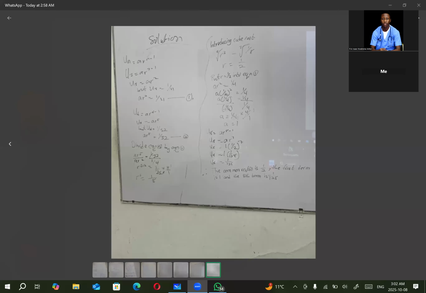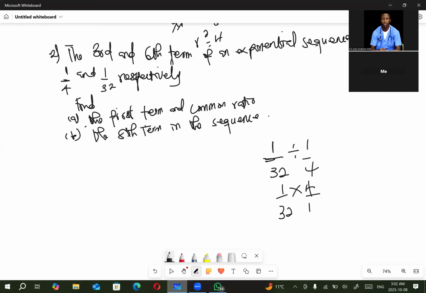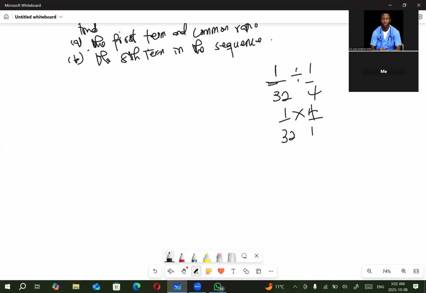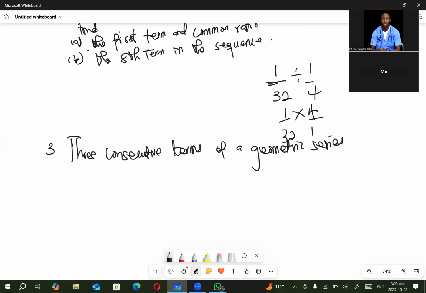Hold on. Now there is one more. Okay, question number 3. Three consecutive terms of a geometric series. Don't just be solving blindly because we are doing geometric progressions.